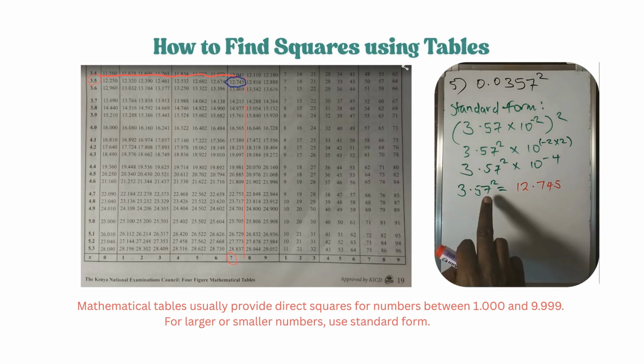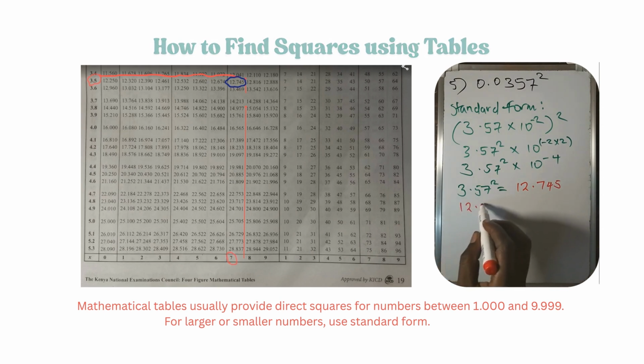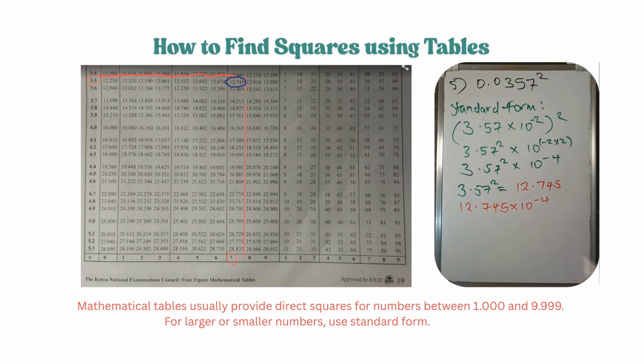Now 3.57 squared is 12.745, and then we multiply by 10 raised to negative 4.